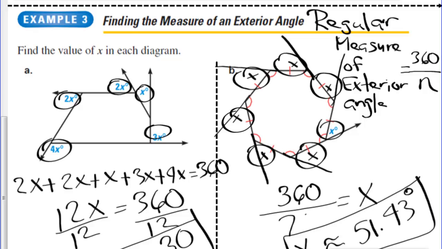All right, let's look at the last page. So you are given the measure of each exterior angle of a regular n-gon. Again, they tell you that it's regular.